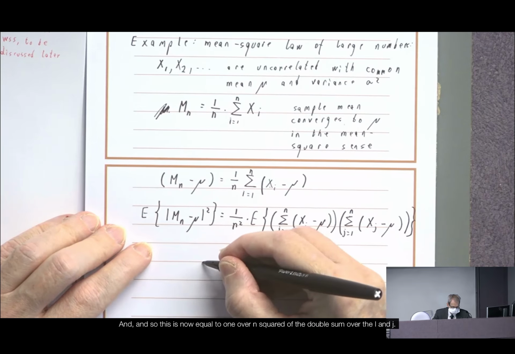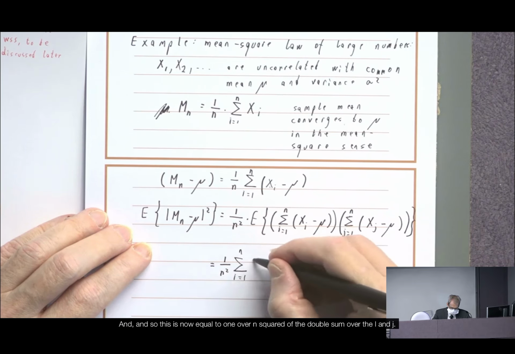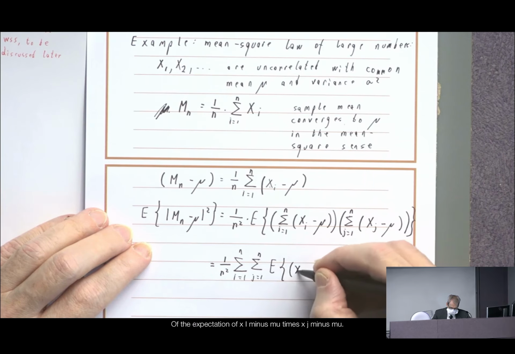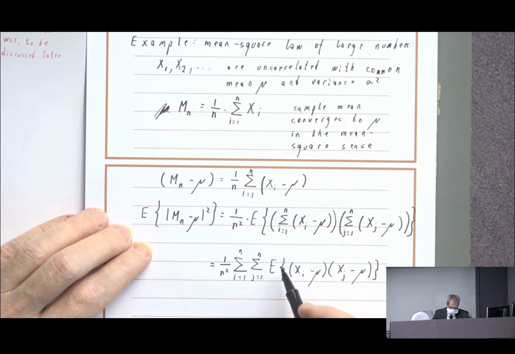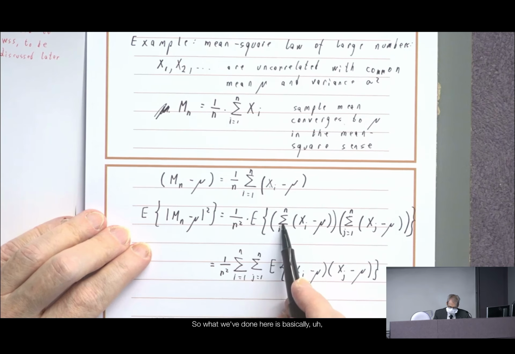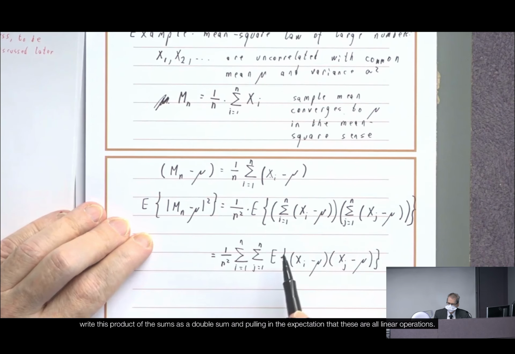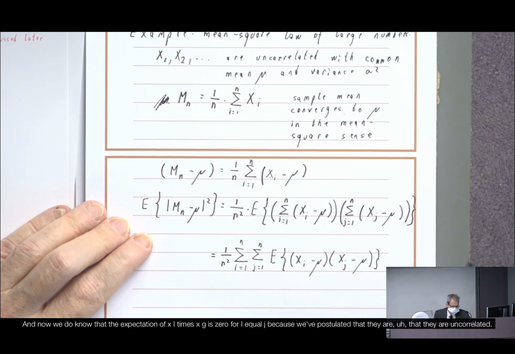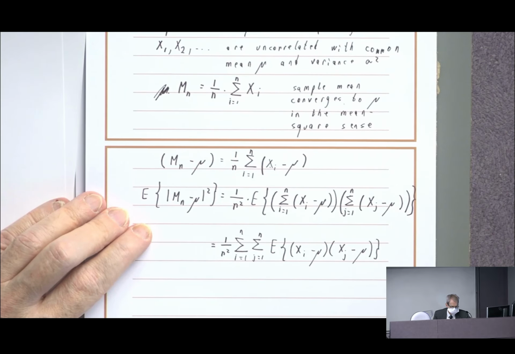And so this is now equal to 1 over n squared of the double sum over i and j of the expectation of xi minus mu times xj minus mu. So what we've done here is basically write this product of the sums as a double sum and pull in the expectation. Right? These are all linear operations, so these interchanges are permissible. And now we do know that the expectation of xi minus mu times xj minus mu is 0 for i unequal j, because we postulated that they are uncorrelated.